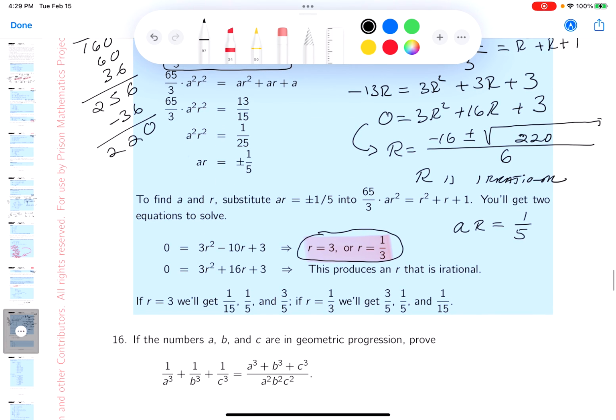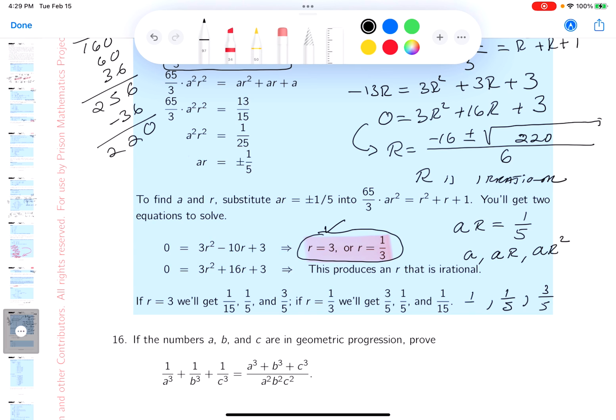Now comes the trouble. I write the sequence of numbers down. What is it going to be? AR squared. I definitely know AR. It's 1/5. Now let's say the R is 3. What would this one be? 3/5. Let's go over here.